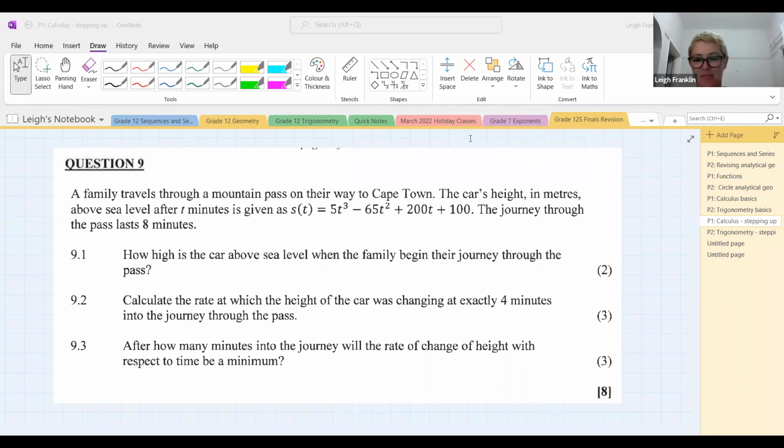Anybody know? When they begin their journey, what is time equal to? At the very start of the journey, what is your time?